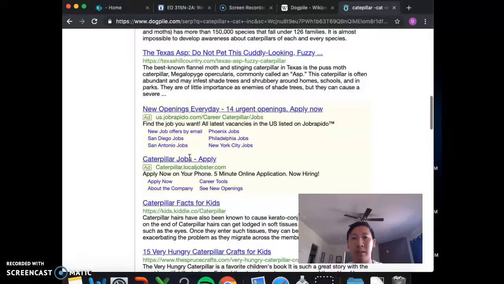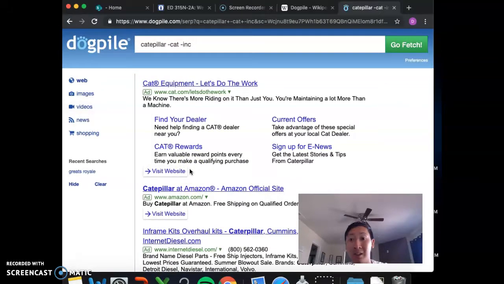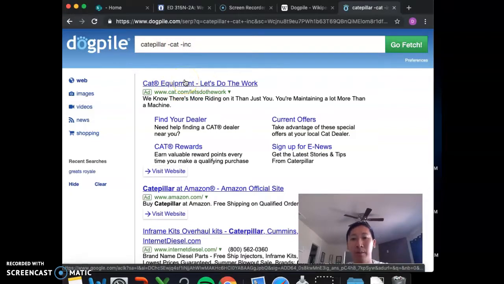But what this does is it refines your search to exactly what you're looking for. So you put in the keyword or the topic that you're looking for, and you use the minus sign, CAT, which is the construction company, as well as the incorporated. And that is how you do a simple search through a meta search.